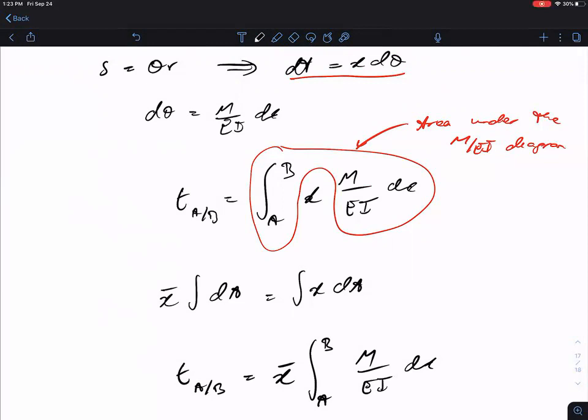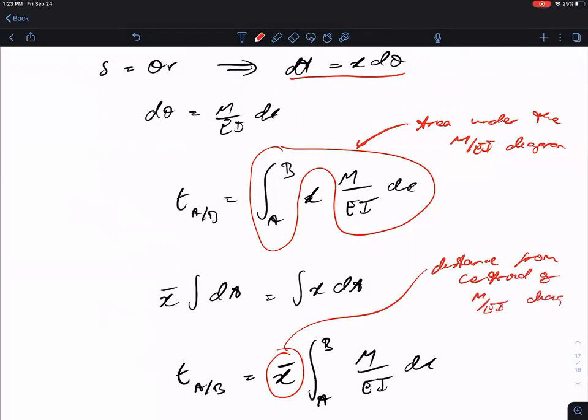Now, keep in mind that this moment is computed about point A, and TAB is the deviation that is to be determined, right? So again, this is the distance from the centroid of the M over EI diagram to point A.